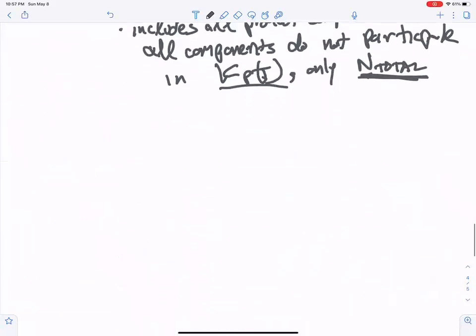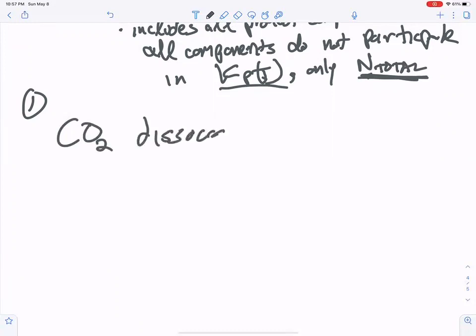Okay. So in our typical mechanical engineering applications, we apply this to CO2 dissociation, which is, you say CO2 has this equilibrium depending on the temperature. This we quantify by this equilibrium constant.